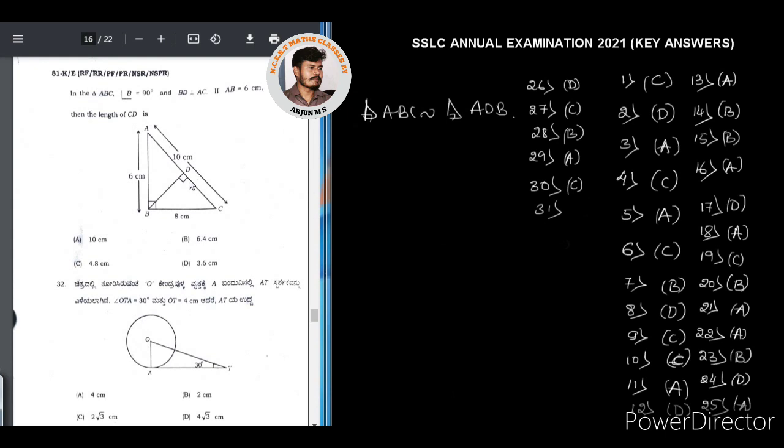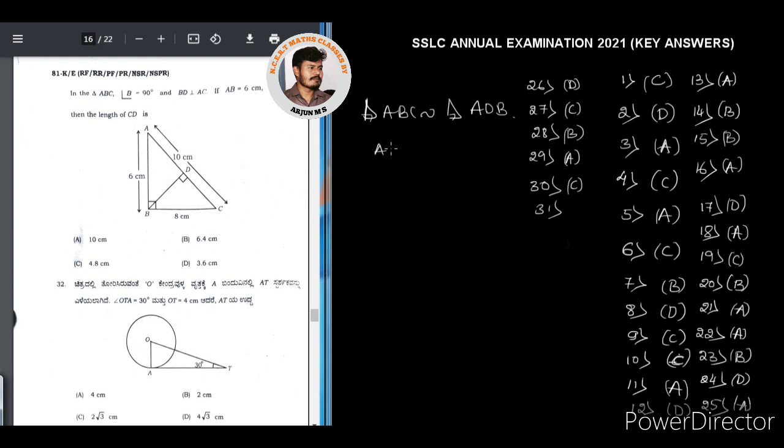According to that theorem, if in a right angle triangle a perpendicular is drawn from the right angled vertex to the hypotenuse, then each and every triangle is similar to each other. That is the statement for theorem 2.7.